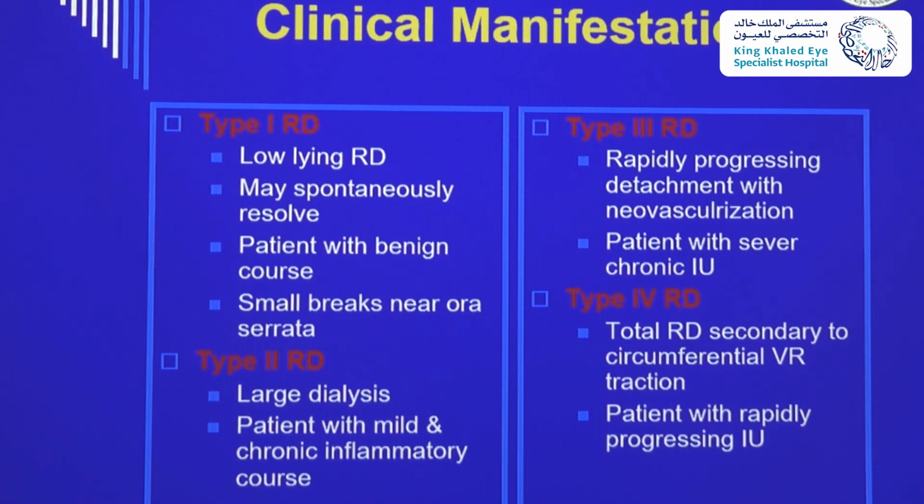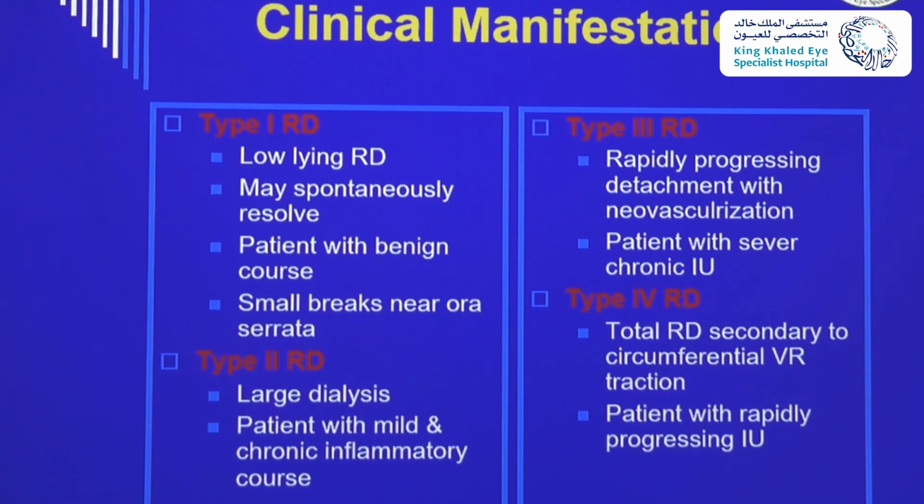Because this is mostly for my colleagues in the retina, they have to look at whether we have a low-lying type of RD, peripheral, either exudative or sometimes small, tiny holes at the area of the small tractions. And this patient might have spontaneous resolution, usually in the beginning of the course.